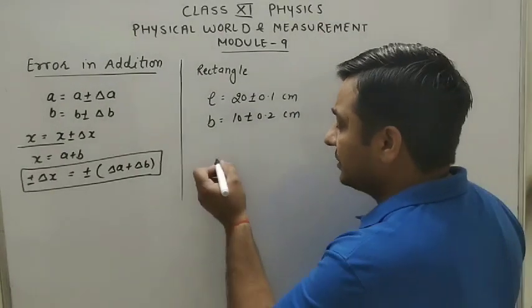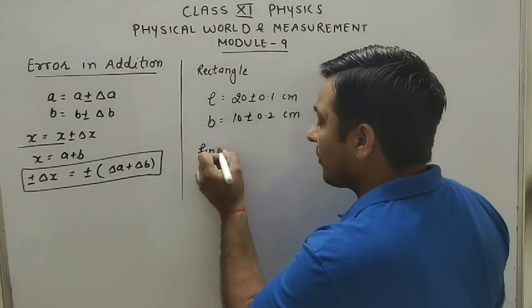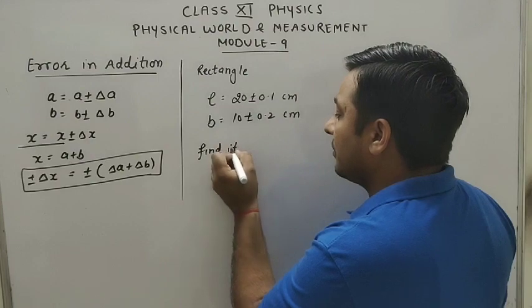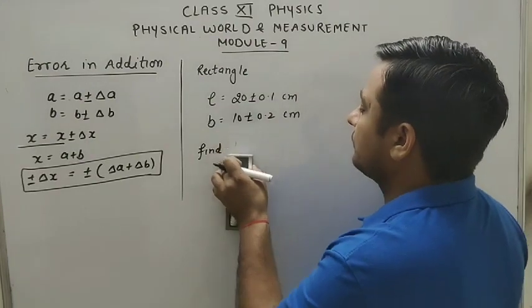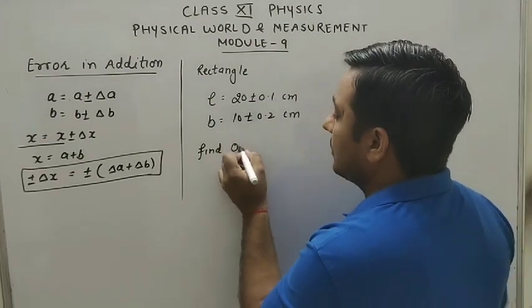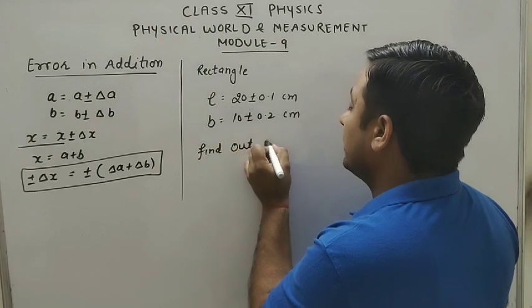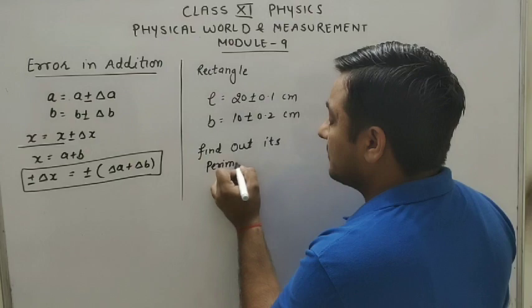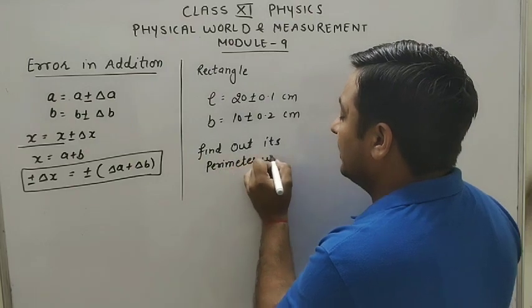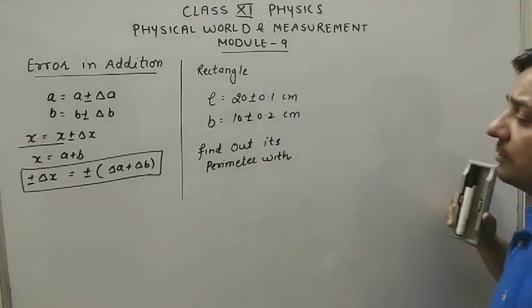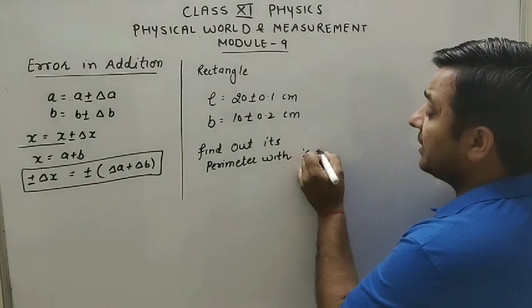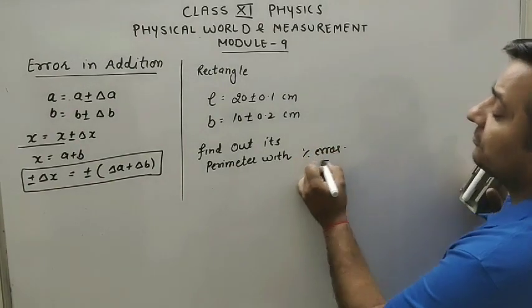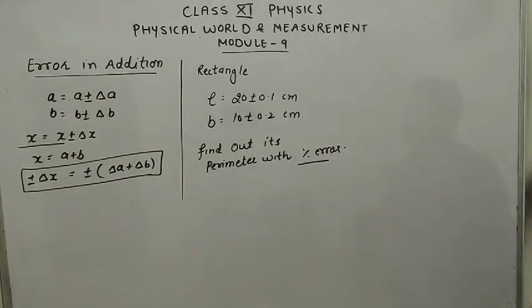Find out its perimeter with percentage error. The very important term, percentage error.